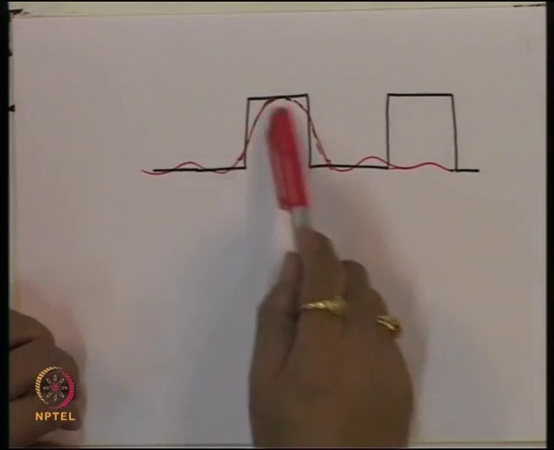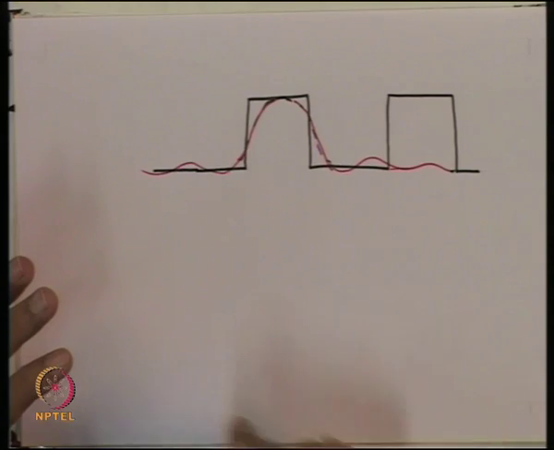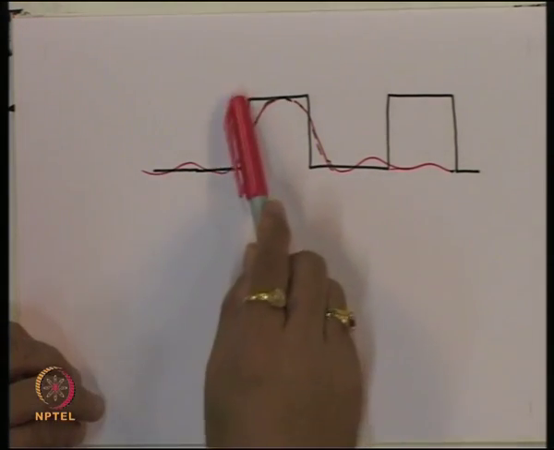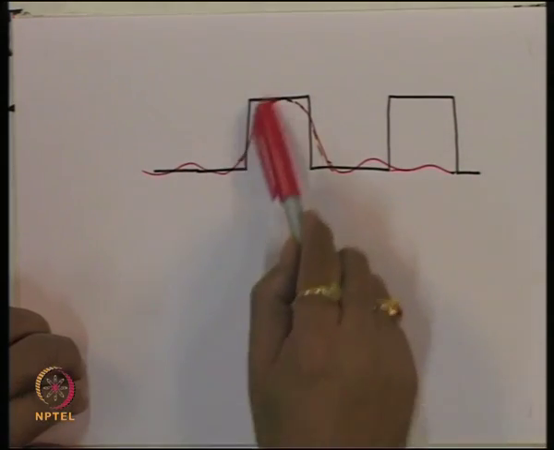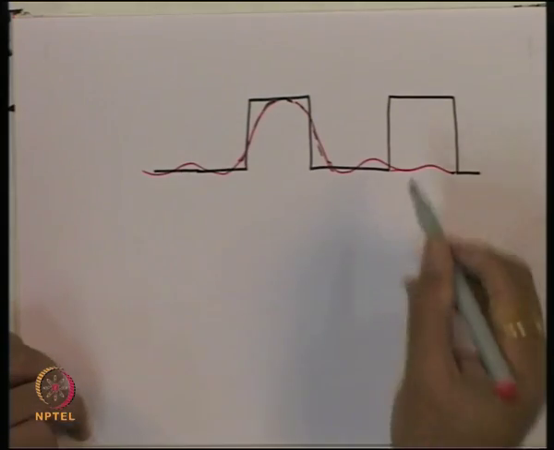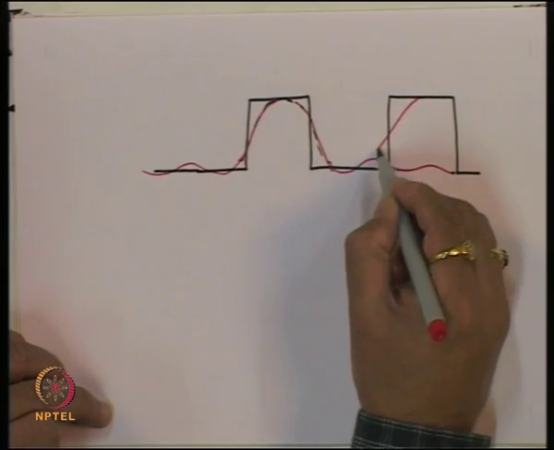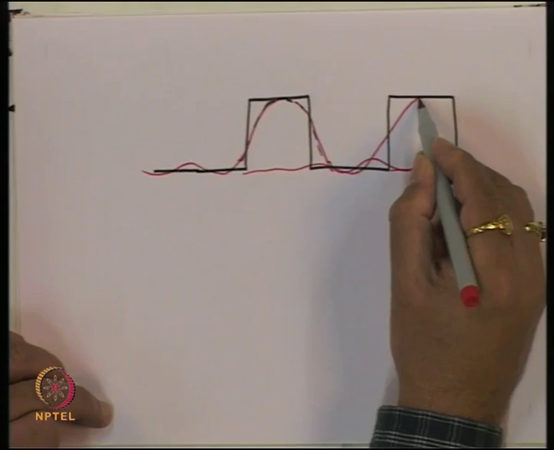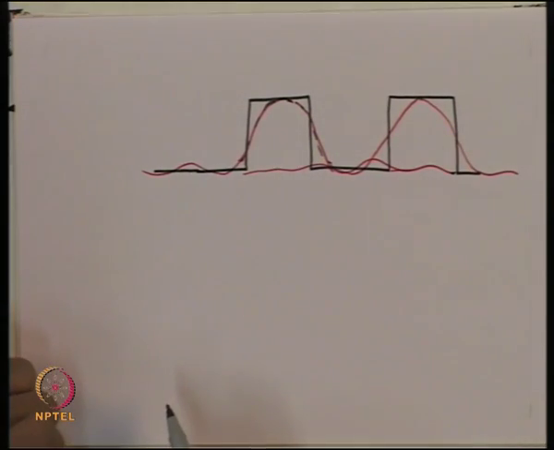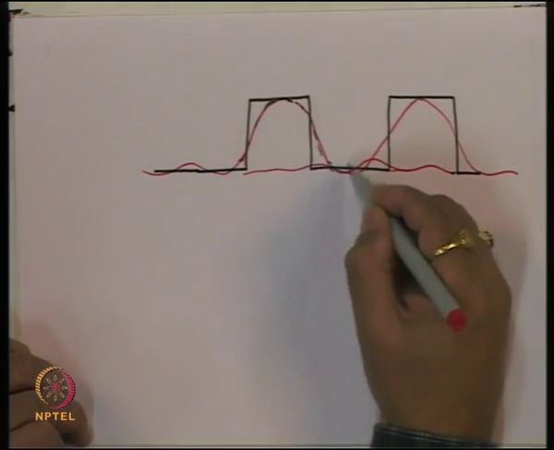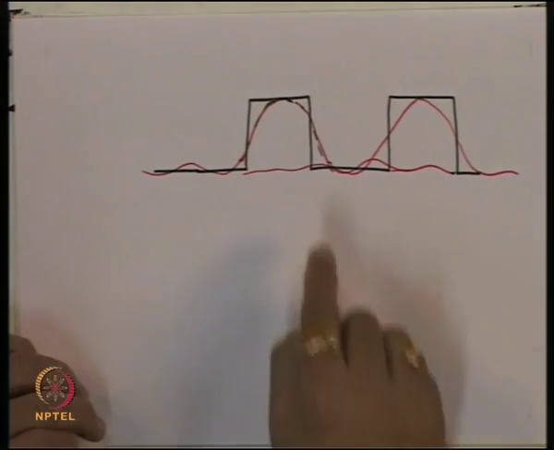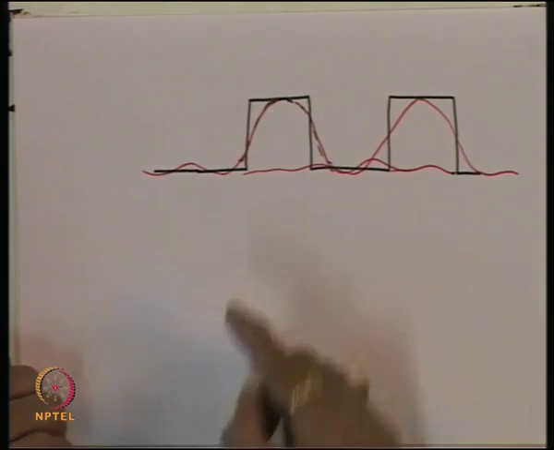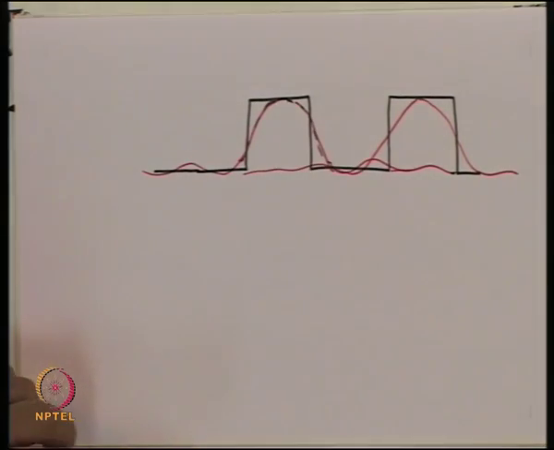So, if you have random bits received by the receiver, then we will not get data which will look as clean as this, but which will be a superposition of this. Again, this bit also is going to get distorted in a similar fashion like this. So, essentially we are going to get some fluctuation even at the 0 level, which ideally should have been 0, plus some deformed pulses in the data.